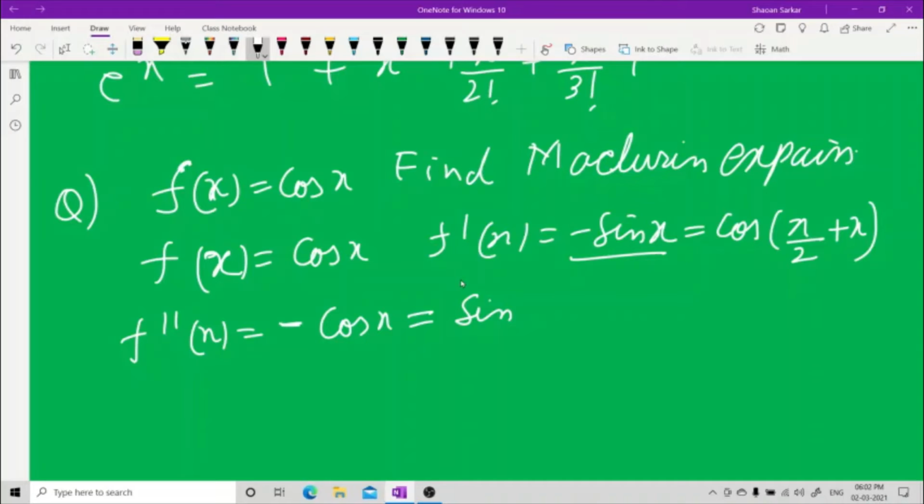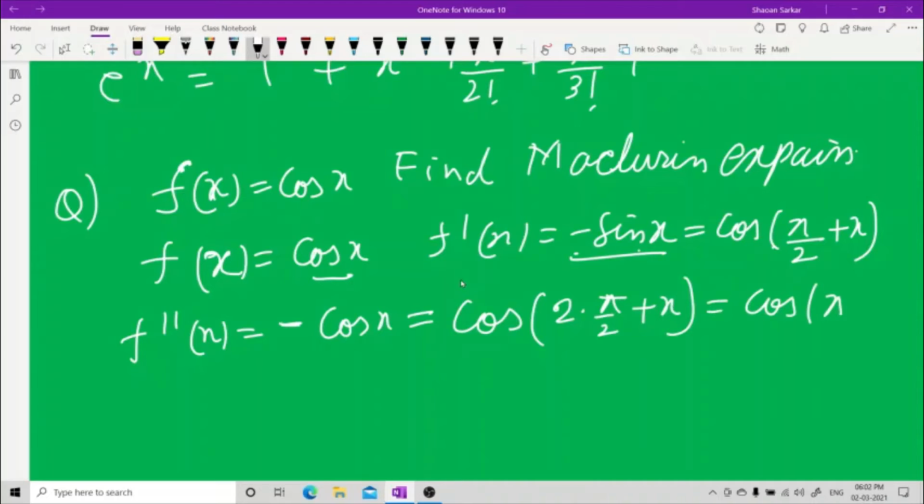In terms of cos, this becomes cos of (2 into pi by 2 plus x). So this is nothing but cos (pi plus x), and cos (pi plus x) is nothing but minus cos x. So this is the important thing.